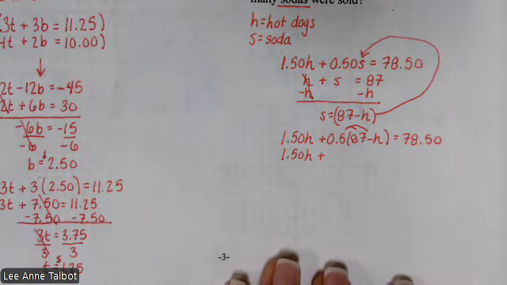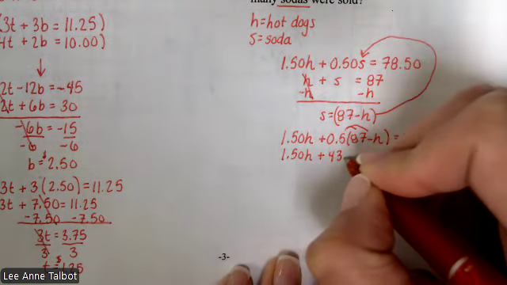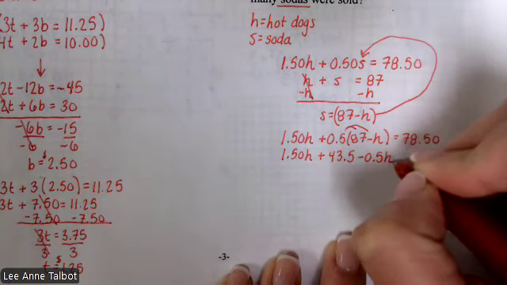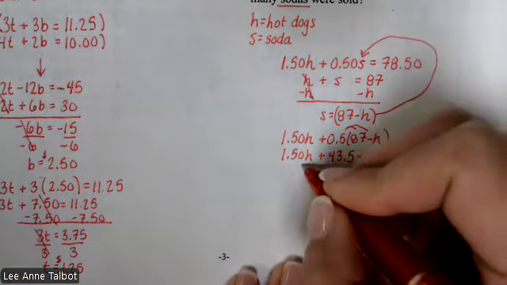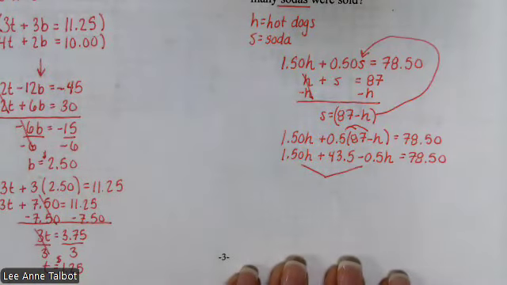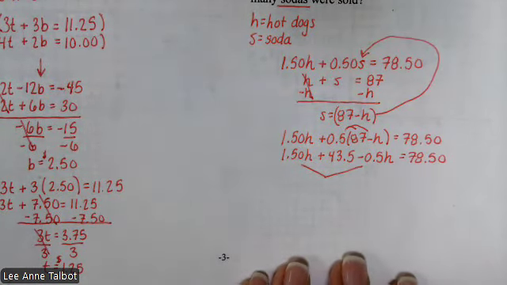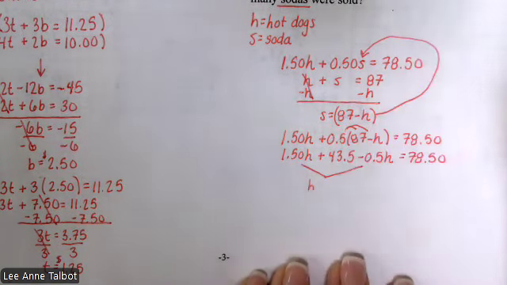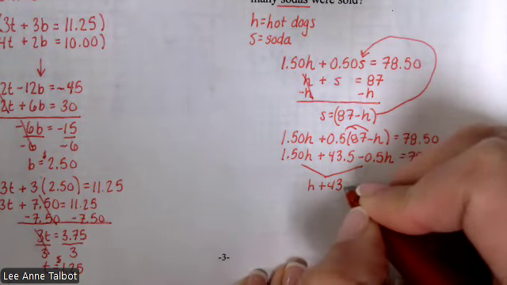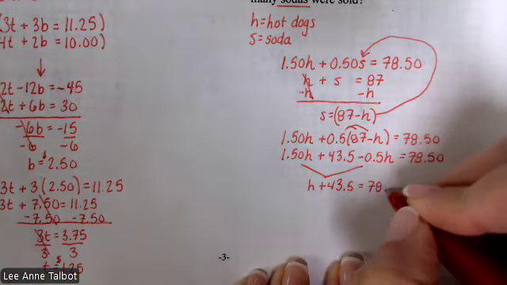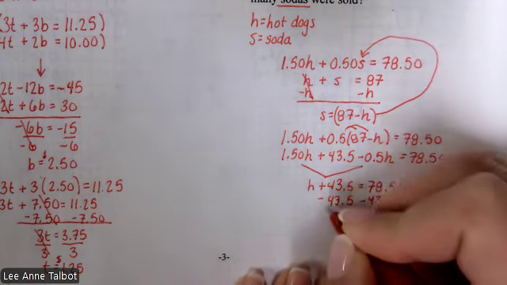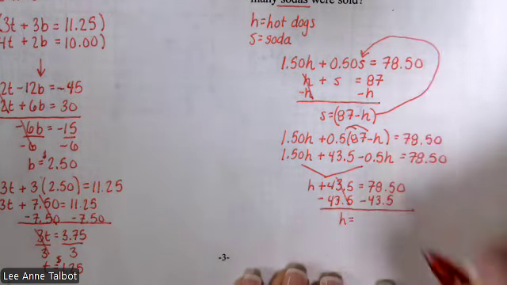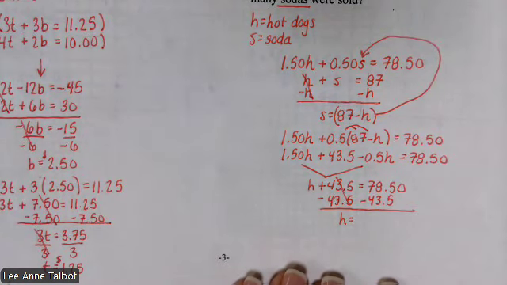What's half of 87? 43.5? Yeah. Oh, that's convenient. $35.